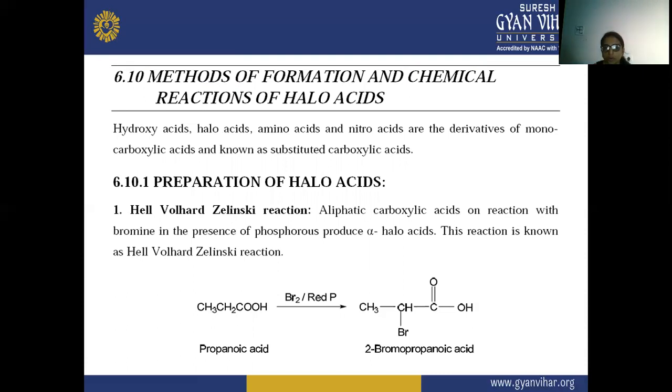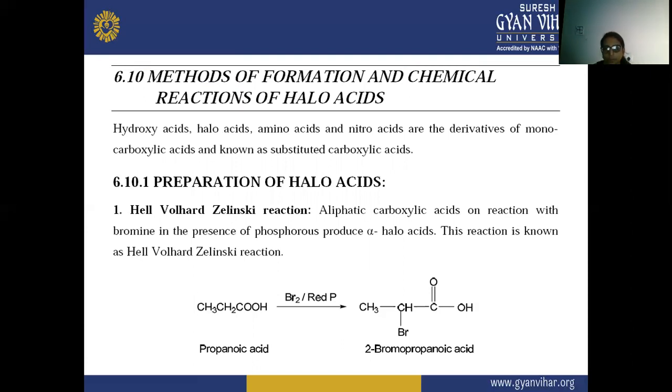If the hydroxy group is present on the carboxylic acid, it is also a derivative of the monocarboxylic acid. Secondly, if a halogen is attached to the carboxylic acid, they are known as halo acids.